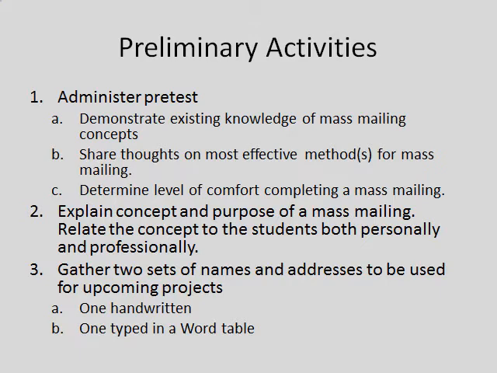Once submitted, the pretest questions were used to lead an open-ended discussion about the concepts and procedures for a mass mailing. Part of the discussion focused on how such concepts and procedures can be used outside of the classroom, in medical offices, as well as in personal lives for holiday mailings and invitations.